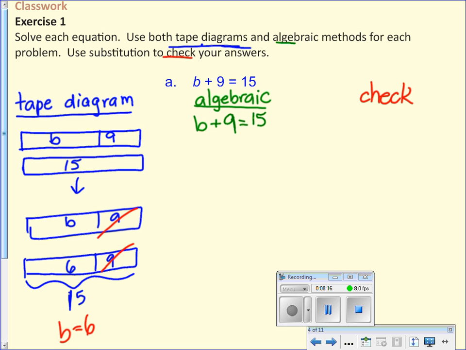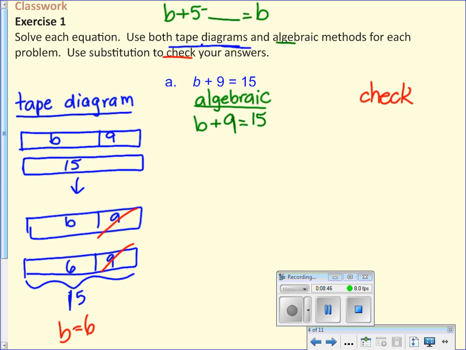Now, I remember way back, lesson 1. I think it was lesson 1. It was really early on in the unit, the module. Remember here, we're trying to find the value of B. We want to find the identity of B. So what did we do way back when I wanted to know the identity of B?